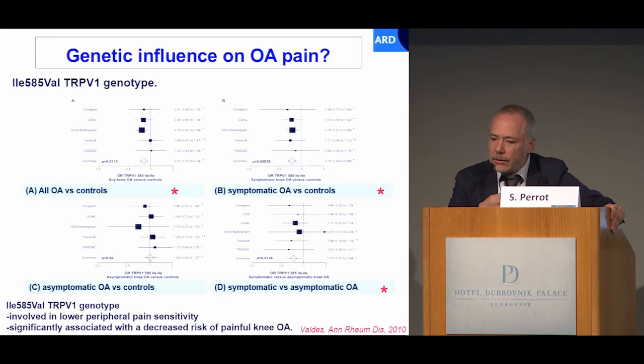There are lots of studies, and I will only mention 2 or 3 studies demonstrating that there is a genetic influence not only on osteoarthritis, but on osteoarthritis pain.